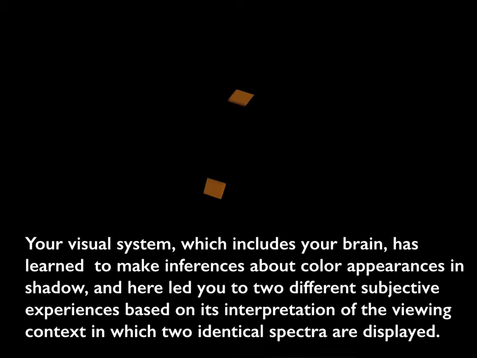What is going on here is that your visual system, which includes your brain, has learned to make inferences about color appearances in shadow, and it led you to two different subjective experiences based on its interpretation of the viewing context in which the two identical squares, or the spectra of the squares, are displayed. This is called a brightness contrast effect, and it's an important effect in understanding how the brain perceives color in the world.